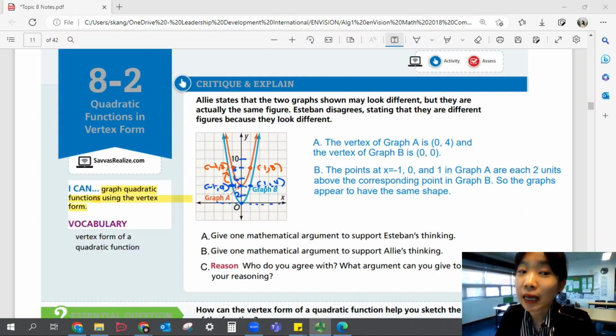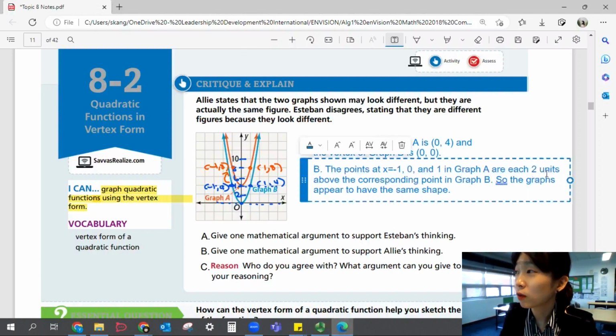There isn't a correct answer as long as you can reason it mathematically and logically. So if you say Ali, you can say, oh, because the point at each value of x in graph A is 2 units above or 4 units above the corresponding point in graph B. But it's not 2 units here.